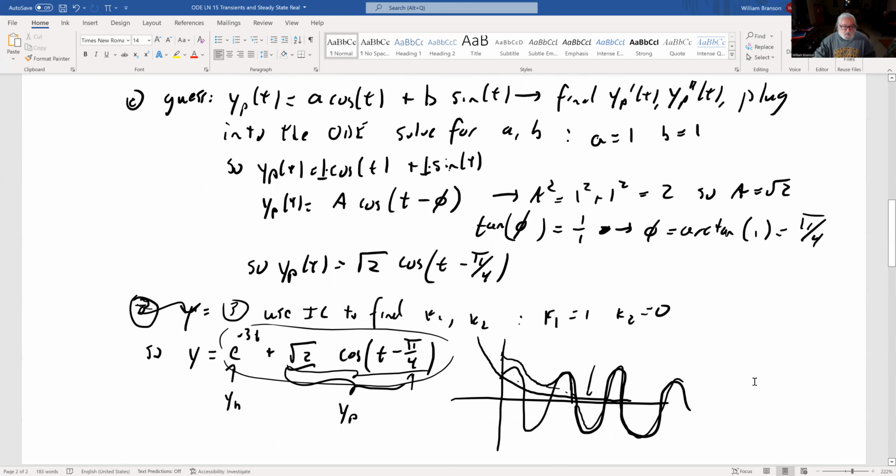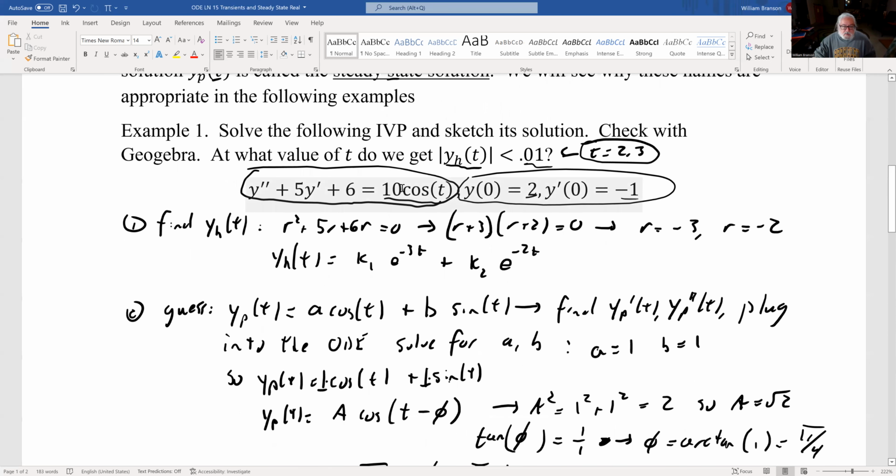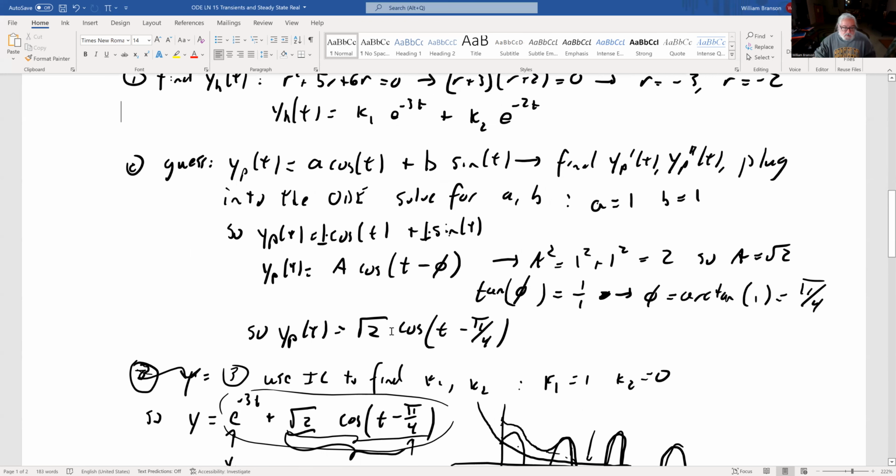Same thing here: the forcing amplitude is 10, but the response, the particular solution, has an amplitude of square root of 2. What happens to the rest of the force that you're putting in there? Well, part of the force goes into overcoming friction, part of the force goes into the amplitude of the mass, and so that's why the amplitude of the mass is less than the amplitude of the forcing function.